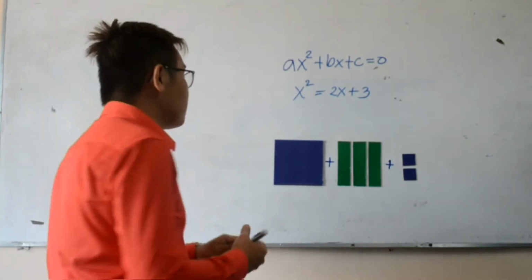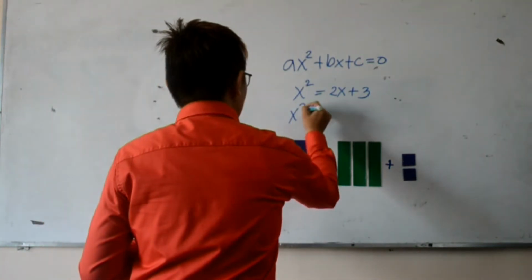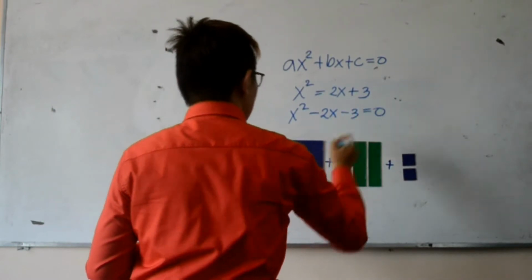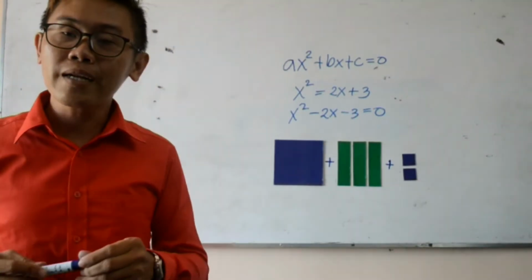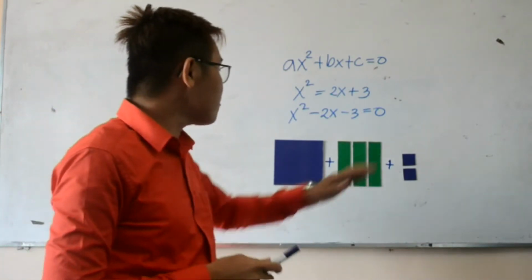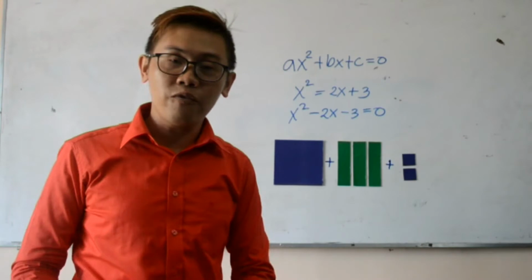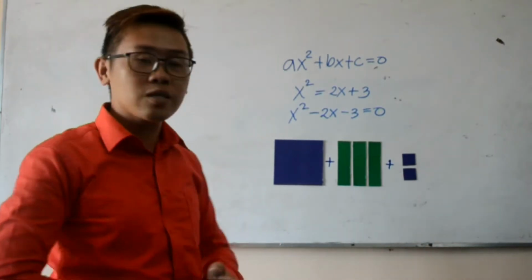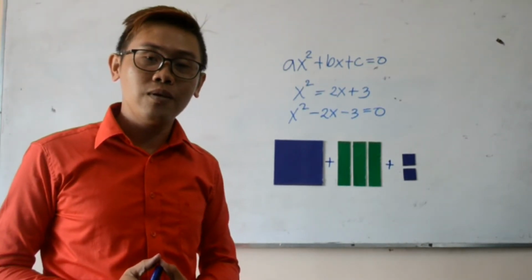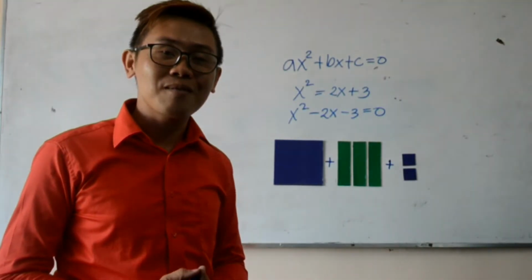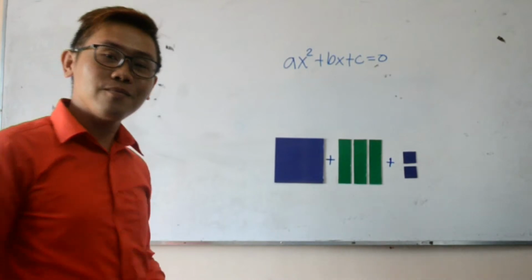So we will have x squared minus 2x minus 3 is equal to 0. We subtract 2x and 3 on this side and on the other side to come up with the standard form x squared minus 2x minus 3 is equal to 0. So then, this is a quadratic equation. Let's have another example.